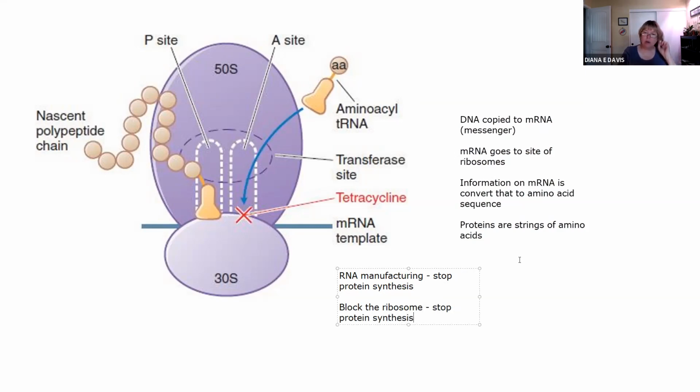Okay, so our example antibiotics are things like streptomycin, tetracycline, doxycycline, there we go. Let's get the spelling correct.